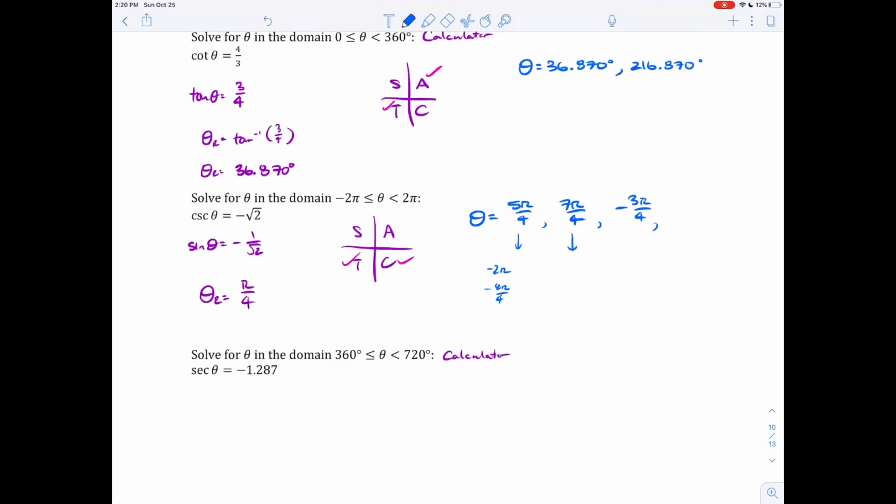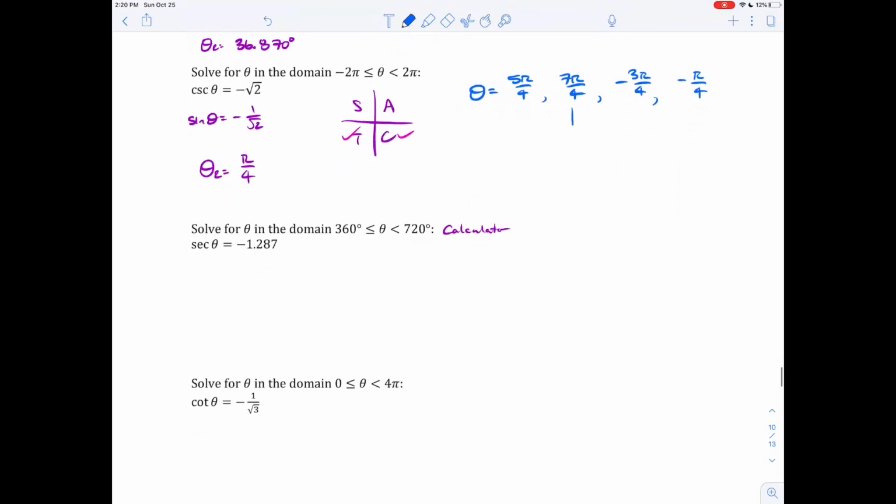Similarly, for this one, if we subtract 8 pi over 4, we just get negative pi over 4. So those are all the possible values between negative 2 pi and 2 pi. Since we're doing 2 revolutions, from 0 to 2 pi and negative 2 pi to 0, we should have twice as many answers as normal.